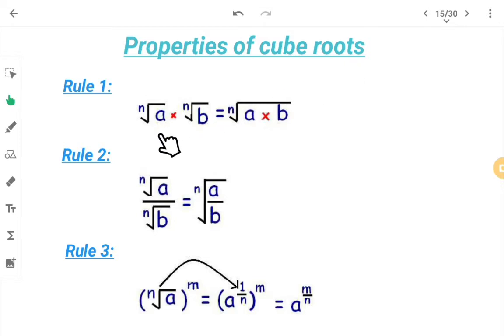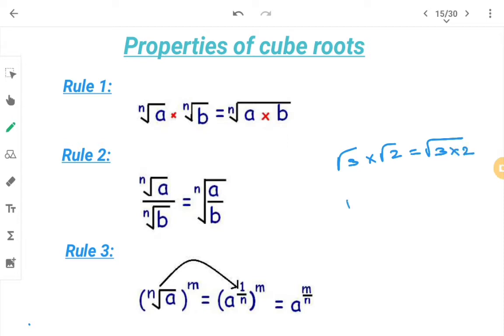Now we are going to see the properties of cube root. If you have root A into root B, then you can take a common root. For example, if you have root 3 into root 2, you can write it as root of 3 into 2.